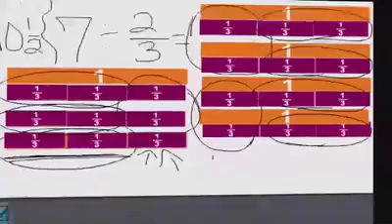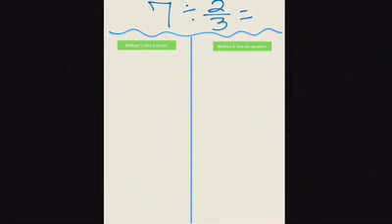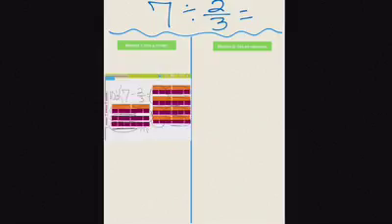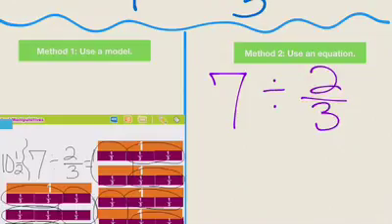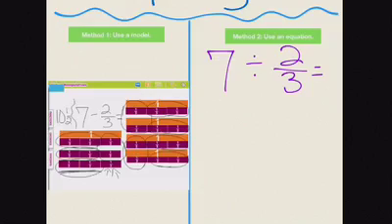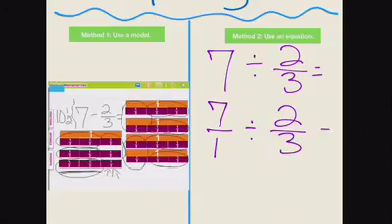And then let's drop that into GoodNotes. Okay, and then let's also do this using an equation. So we're going to do 7 divided by 2/3. Again, start by writing that 7 as 7/1 divided by 2/3.